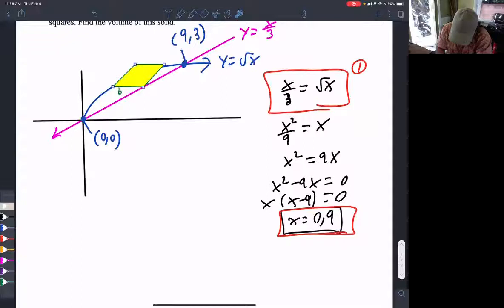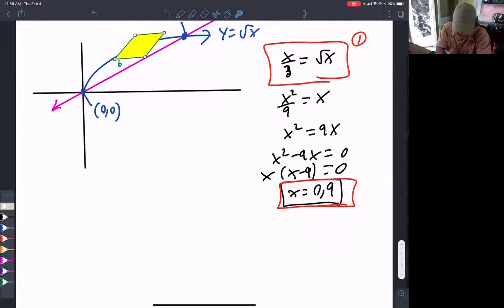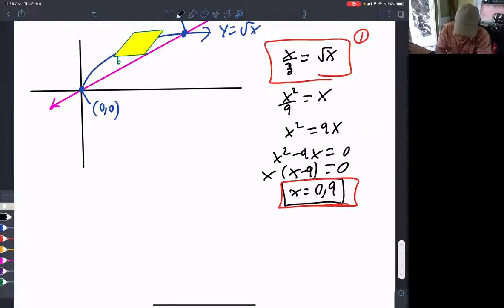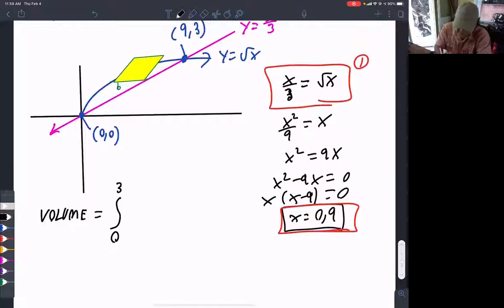We're going to take all these squares and add them up as I move from one end to the other, right? Oh, that's weird how it tilts. I don't understand why it does that. It's kind of cool. So how do I add up all those squares? What's the volume of my building? Now this you don't have to write the way I'm going to write it, but I'm going to add up all of them from 0 to 3, and I'm going to take the volume of each square sheet, okay?